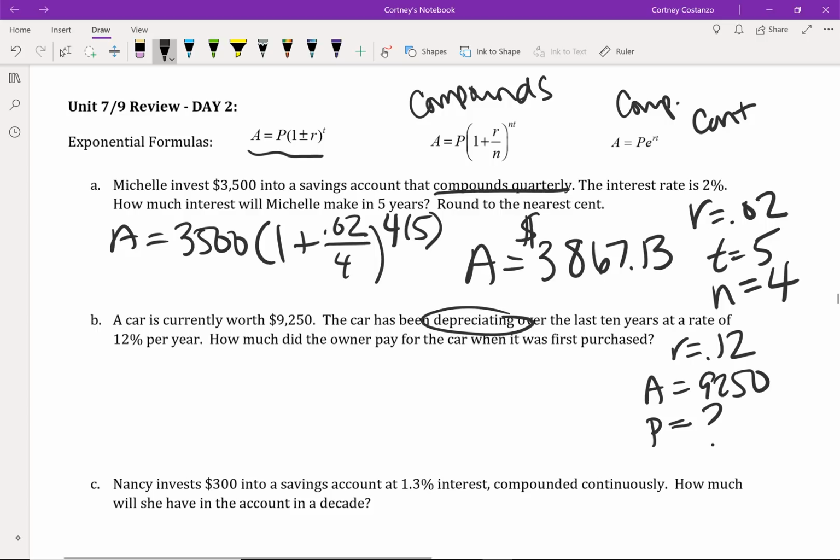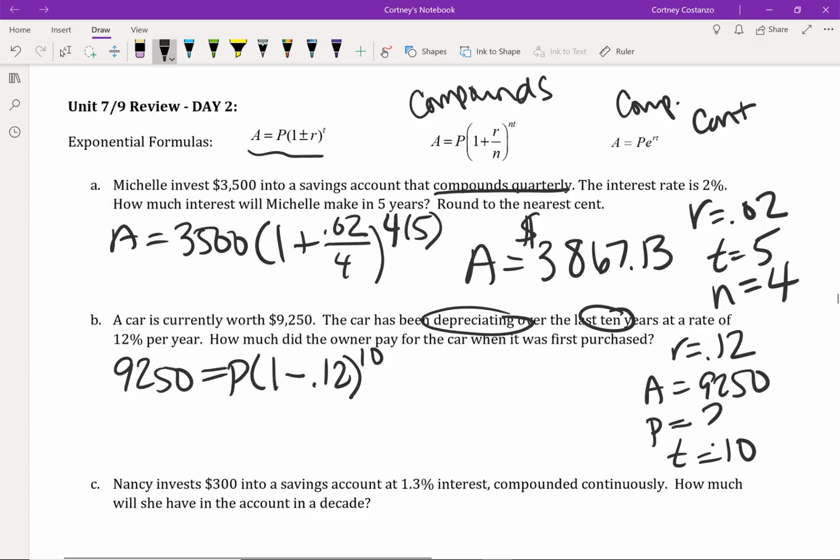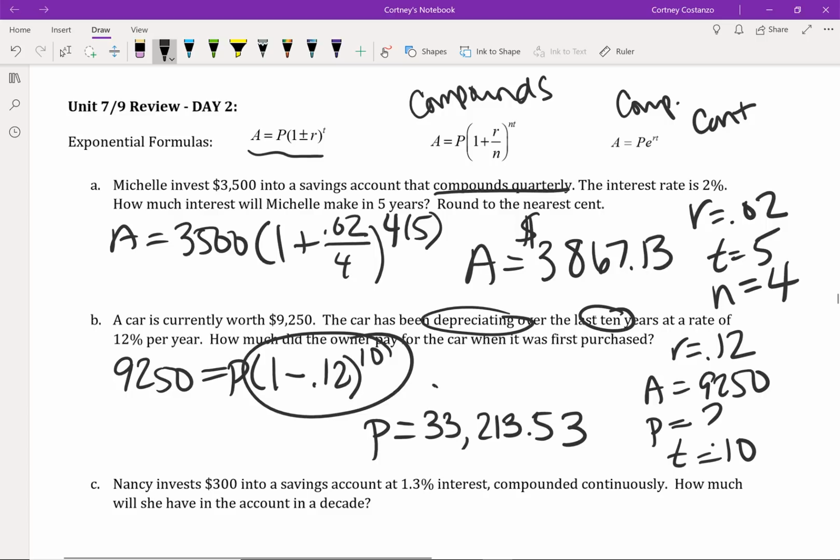I don't know P. And it says over the last 10 years, so time is 10. So I'd have 9,250 is equal to P times 1 minus the rate because it's depreciating over 10 years. Type this in your calculator, divide it to the other side, and you can solve for how much the car was worth initially, again, to the nearest penny or cent.